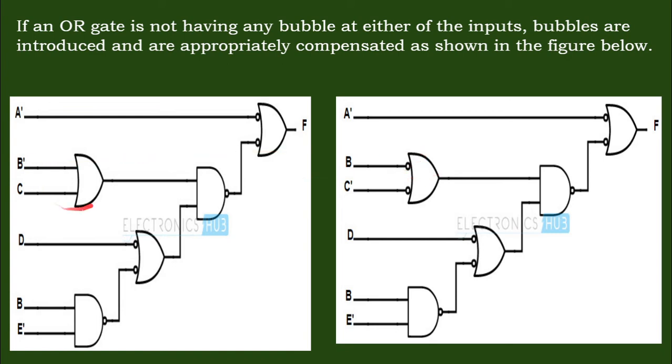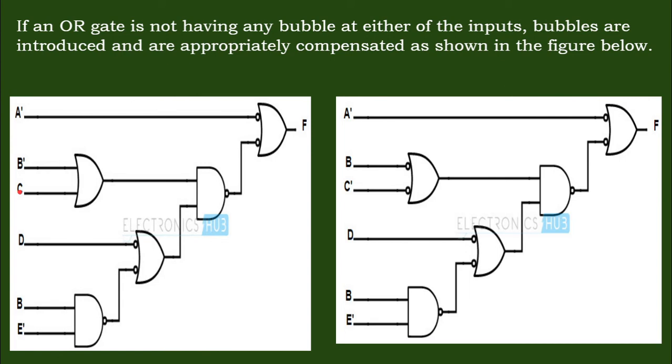So this is one OR gate in which there is no bubble at the input. Other OR gates already have bubbles using the previous steps, but this OR gate is without the bubble. So what you have to do is introduce bubbles in both the places. When you introduce one bubble here, the input has to be complemented. So B bar is B. Likewise, when you introduce a bubble over here, there is an inverter at this input, so this input has to be complemented.